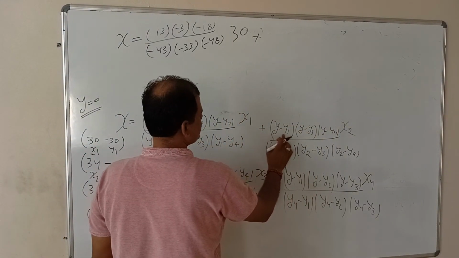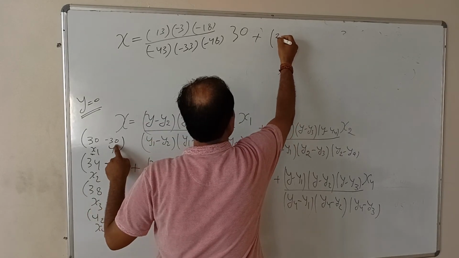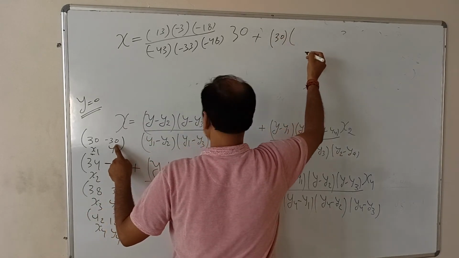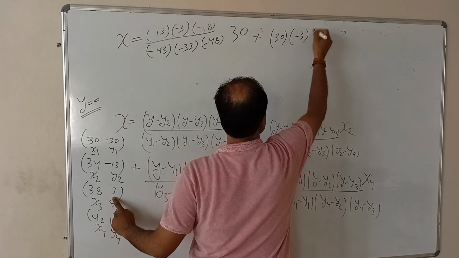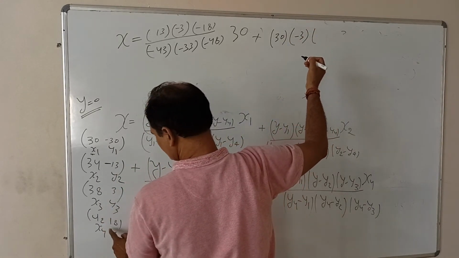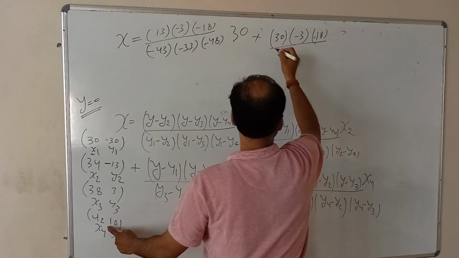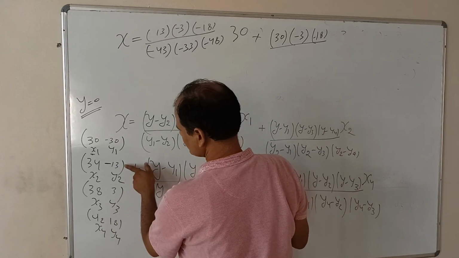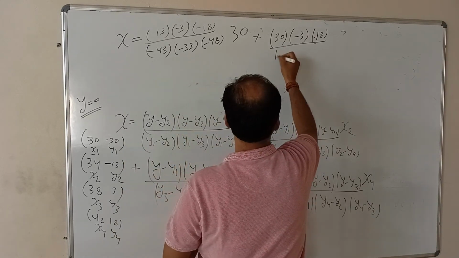It is y minus y1, so 30, and y minus y3, so y3 is 3, so minus 3, and y minus y4, so minus 18, divided by y2 minus y1, so minus 13 plus 30, so we get 17.